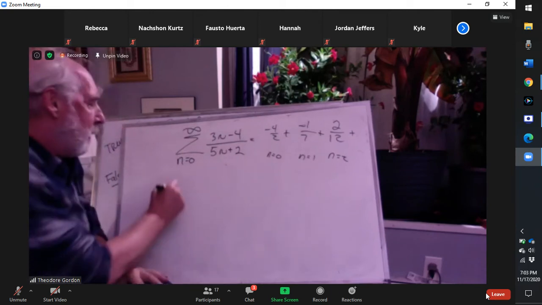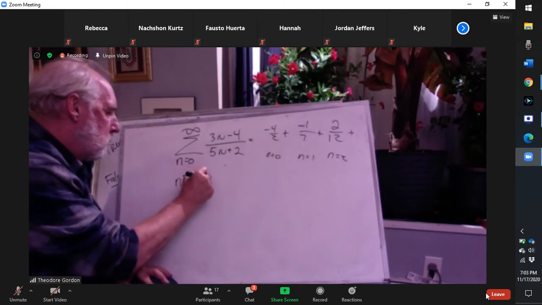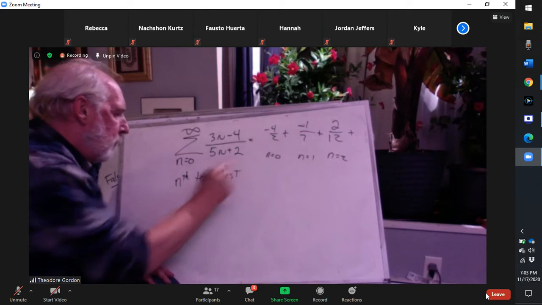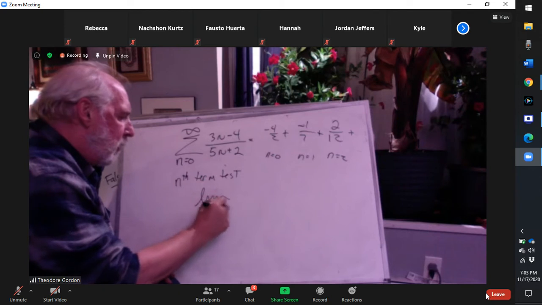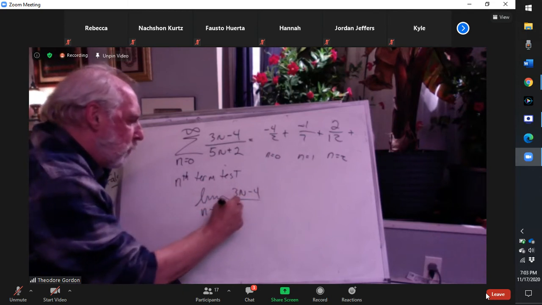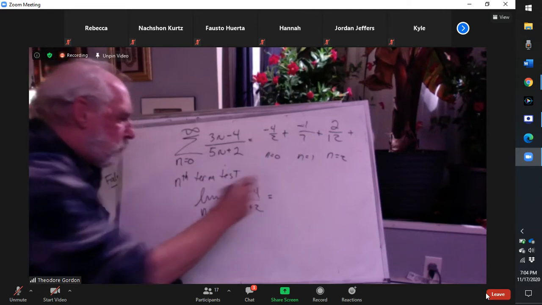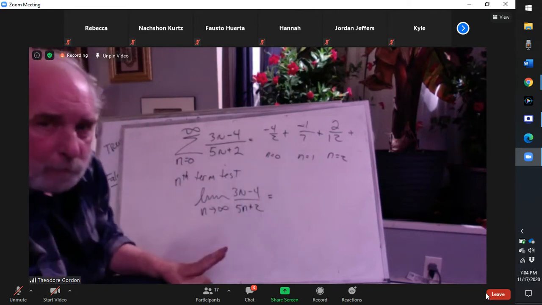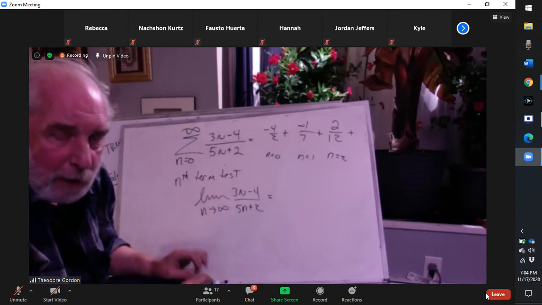So we apply the nth term test. We look at the limit as n goes to infinity of 3n minus 4 over 5n plus 2. Now, we could change the n's to x's, and we could apply L'Hopital's rule.